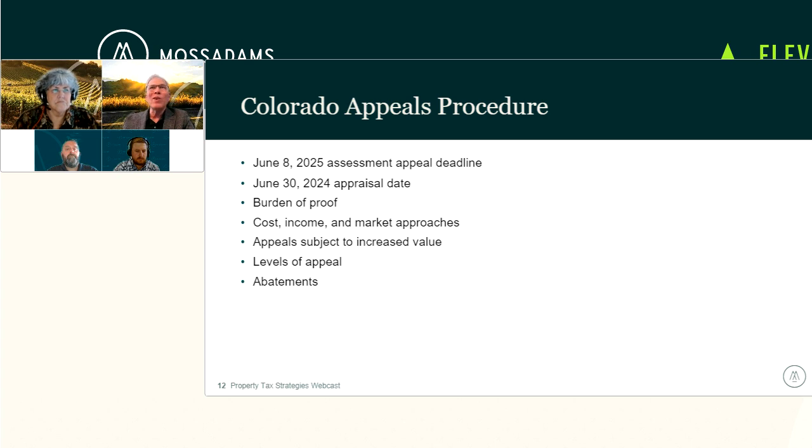But if you want to increase your chances of a successful appeal, we feel very strongly that you should submit as much evidence as you can to demonstrate why the value is excessive. You can't just say, oh, my taxes are too high. The assessor sets values and defends values and has nothing to do with the tax itself.